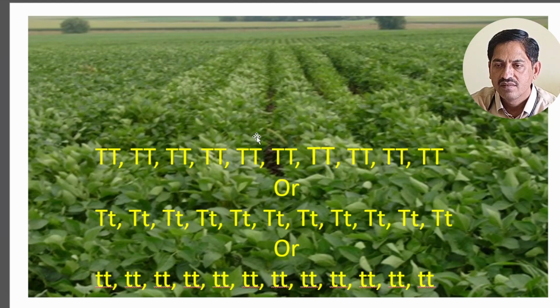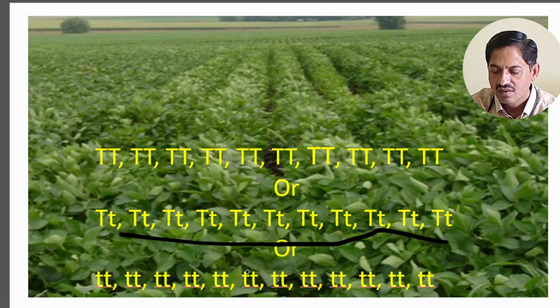As you are aware, a character is always governed by a gene. You can consider that the genes responsible for the uniformity of the population are either dominant homozygous in nature, or heterozygous in nature, or this population is recessive homozygous in nature.